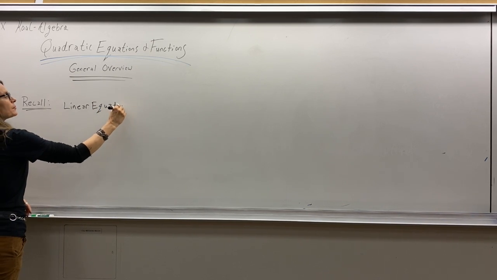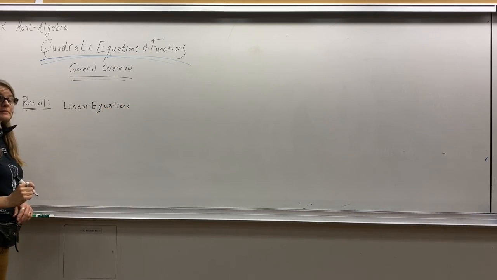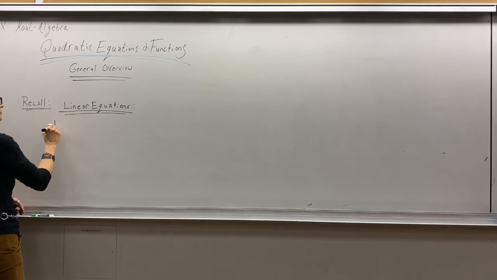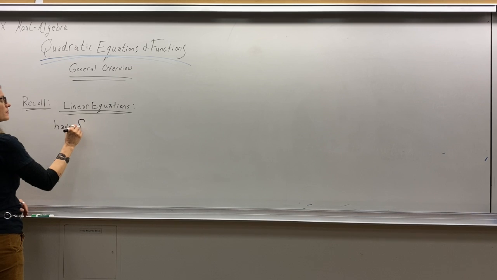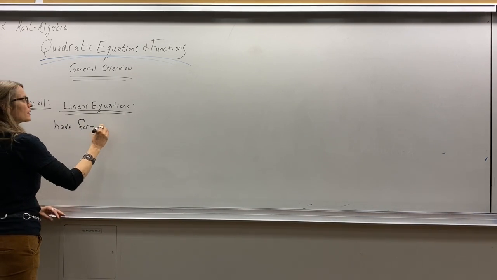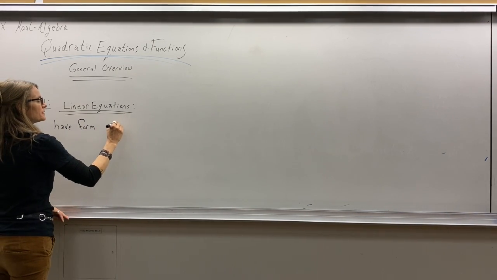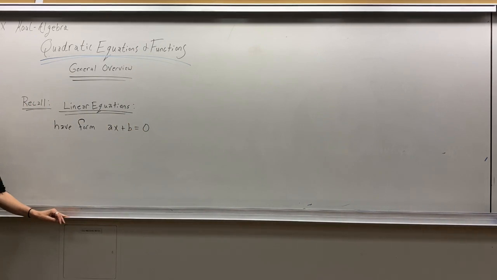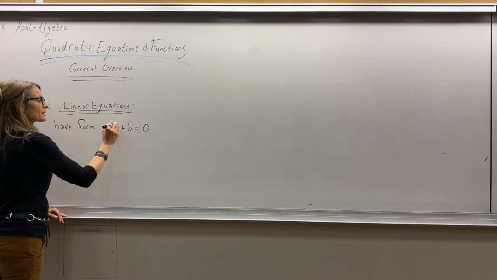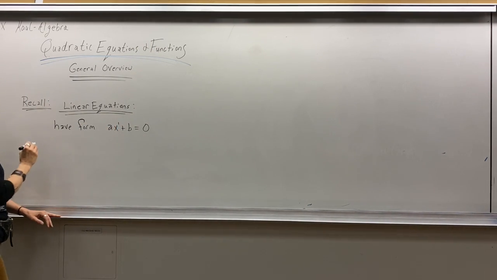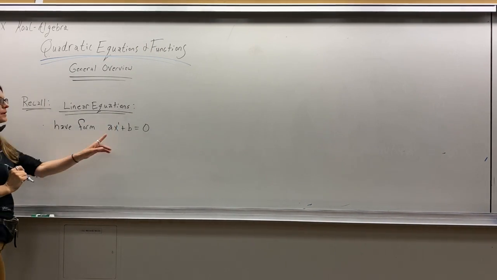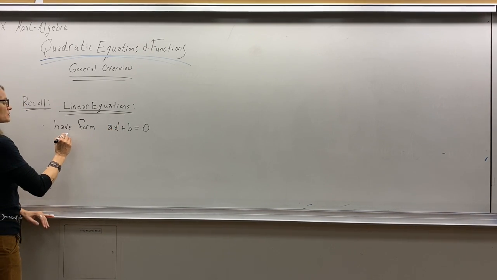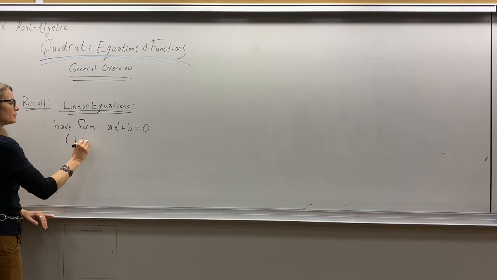A little recap on a linear equation, so we can compare it to quadratic: linear equations have this form, ax + b = 0, where the exponent on the variable is a 1. So linear equations have a highest exponent of 1 on your variable.